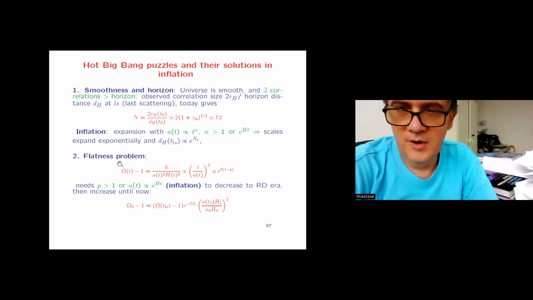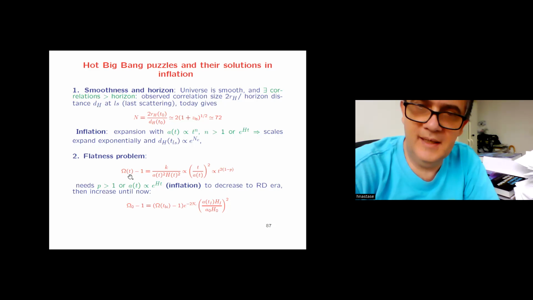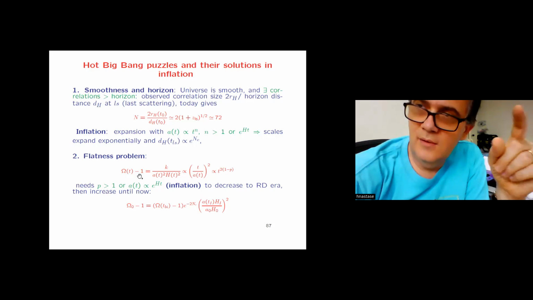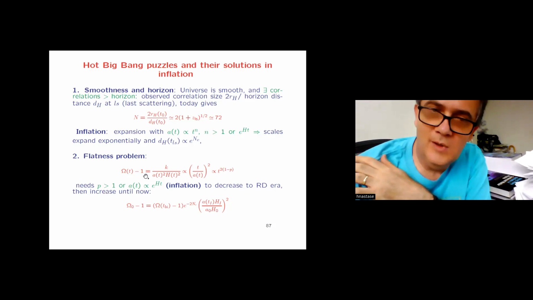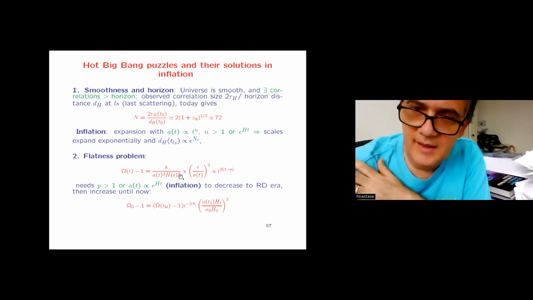Then there's the flatness problem, which is the following. If you use just FLRW cosmology and you calculate the Friedmann equation, you find that omega, which is rho over rho critical, minus 1, is k, which is plus minus 1 or 0, divided by a squared H squared.